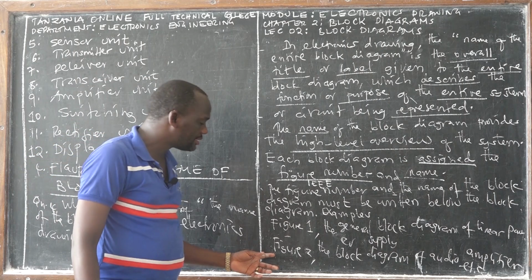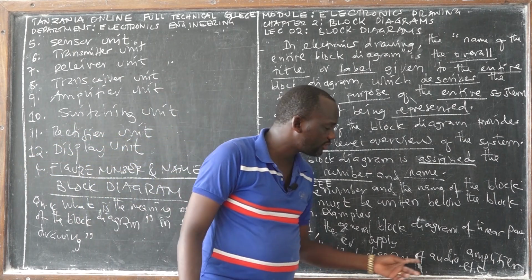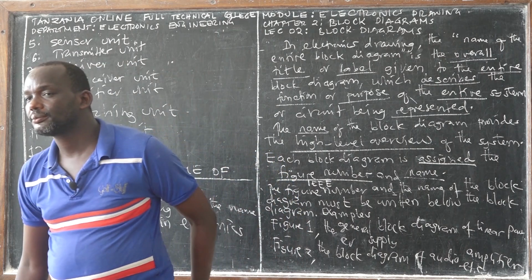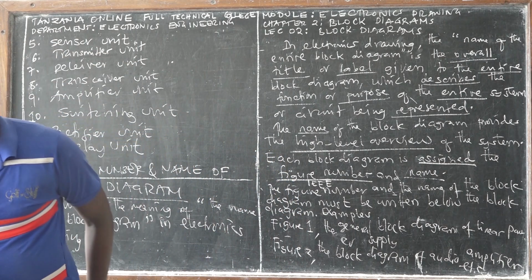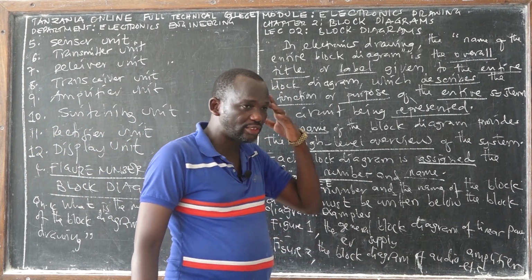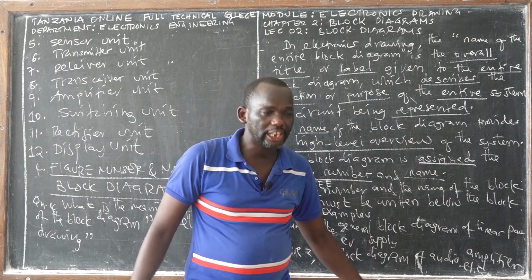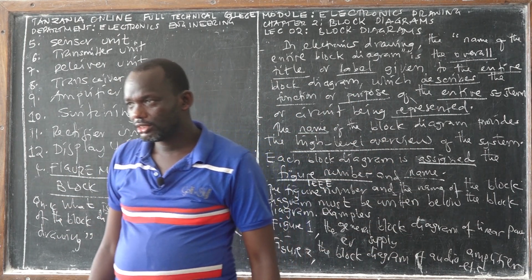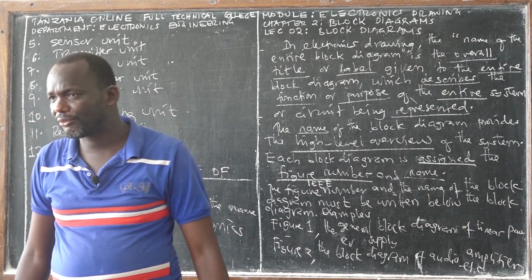When you come to the second example, Figure 2, the block diagram of audio amplifier, the information you have to extract from this name is that this block diagram represents an audio amplifier.